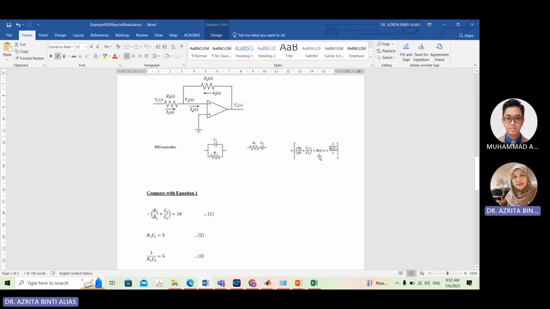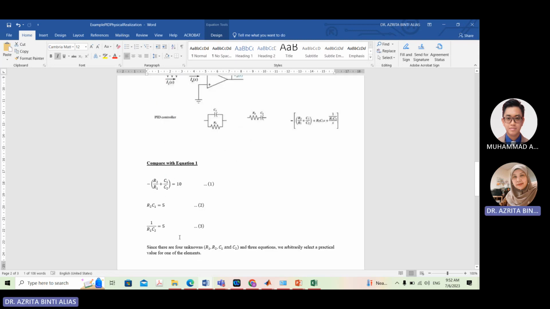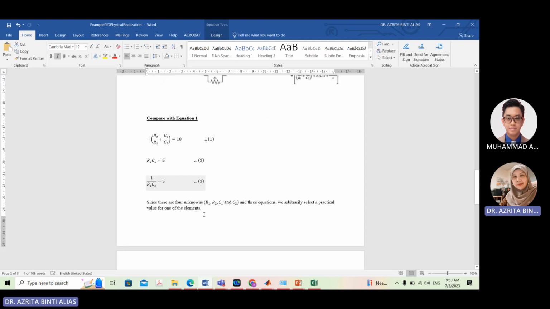And then R2C2 is equal to 5. 1 over R1C2 is equal to 5. So we have here 4 unknown values, R1, R2, C1, and C2. And then we have 3 equations.